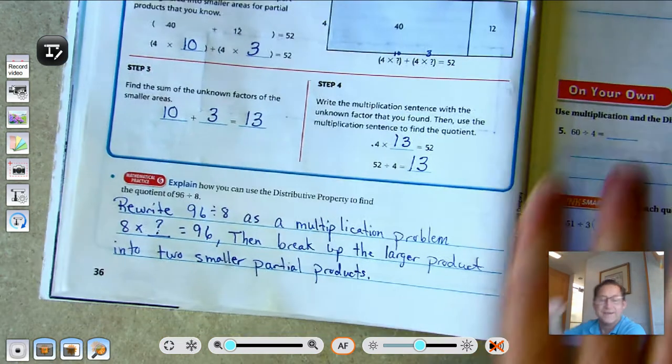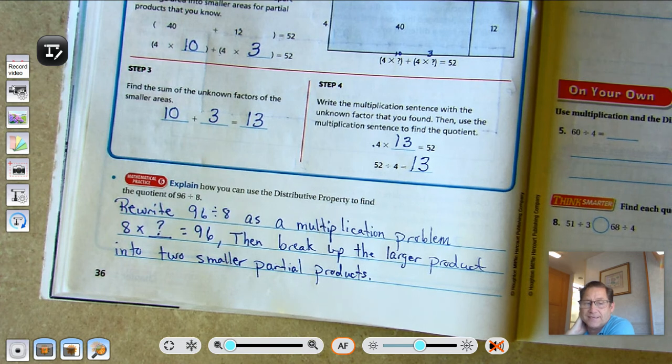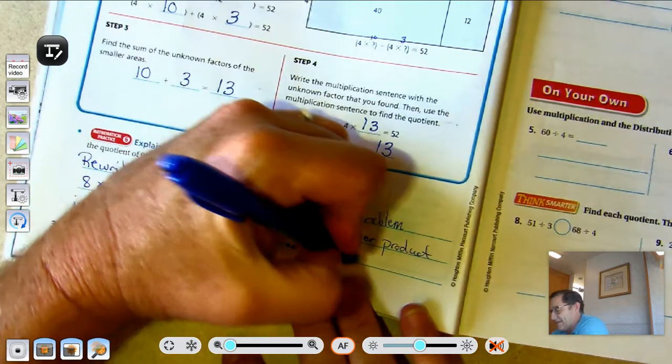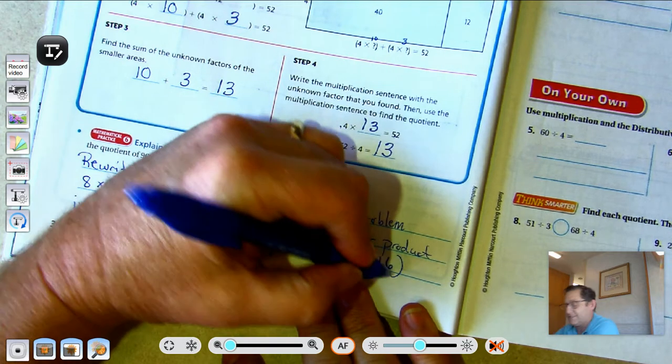Okay, so what can we break 96 up to when we're multiplying by 8? Well, again, 8 times 10, that's a really nice number, right? So we can break up 96 as 80 plus 16.